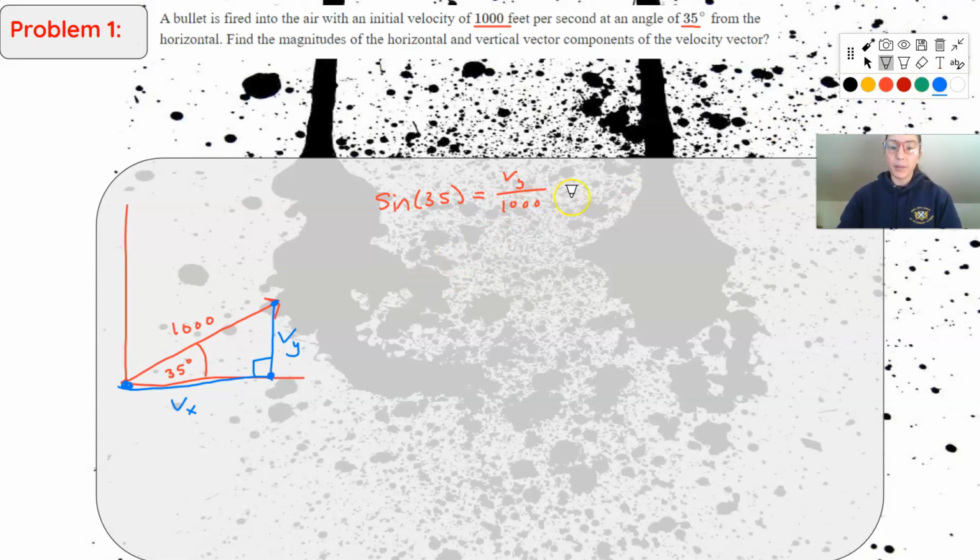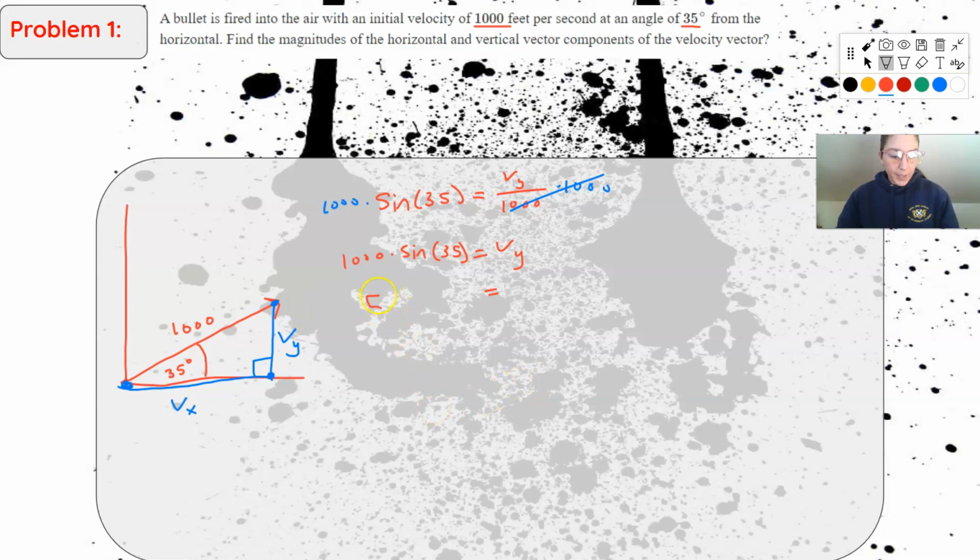Now, get rid of the 1,000, multiply both sides by 1,000. Those guys cancel out, and now our vertical component will be 1,000 times sine of 35. Make sure your calculator is in degree mode.